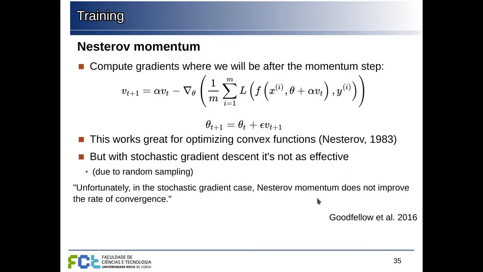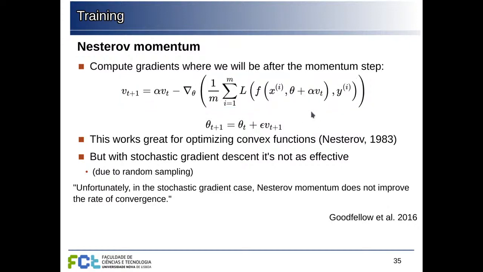Another thing that we can use with stochastic gradient descent is a different type of momentum, which is called Nesterov momentum, in which we basically do the same thing, use the previous velocity and use the gradient information to change the velocity, but we are trying to estimate what the gradient would be, not with the current parameters that we have, but looking ahead at what the gradient would be if we already had taken the step using the previous velocity.